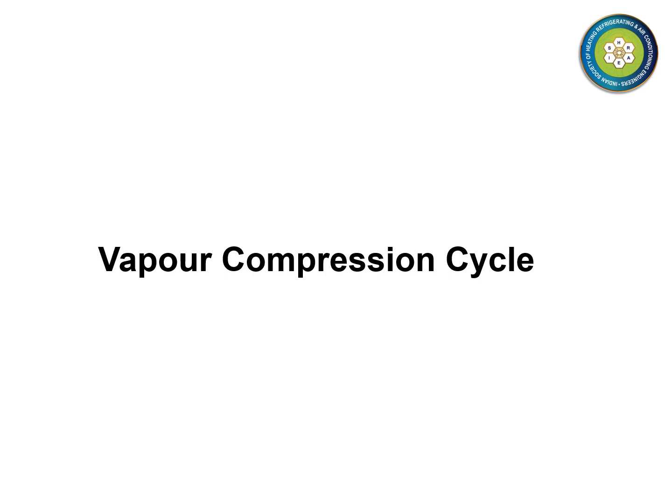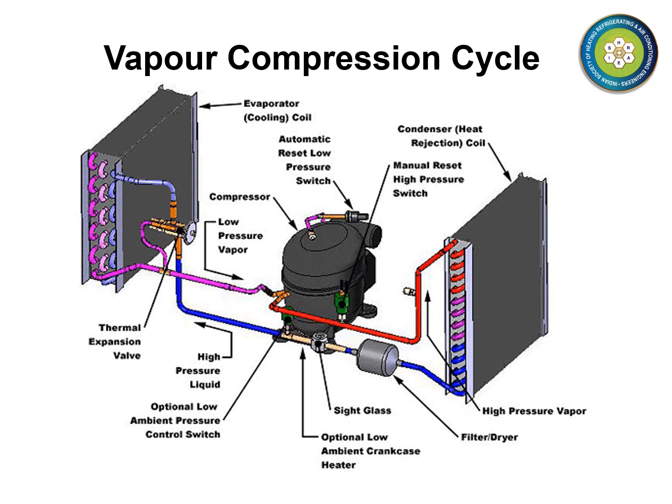We now begin our study of the vapor compression cycle. In this slide, the components of a simple air conditioning system implementing the vapor compression cycle are shown. The key components are the compressor, the condenser, the thermal expansion valve, and the evaporator.